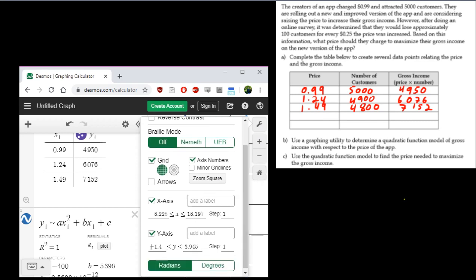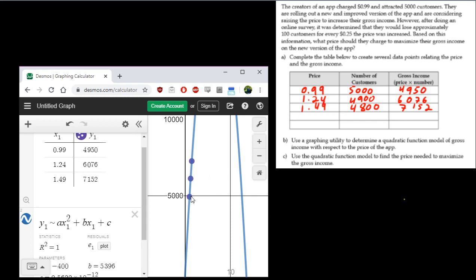Remember, our y-axis is representing the gross income, and we're not going to make negative money. I'll keep this in for now, just for the scale. But take a look at our maximum y value: we're at $7,000, and we might even go up from that. I'm going to go to 10,000 here. Hey, not bad. We got our points here, but it's still going up.